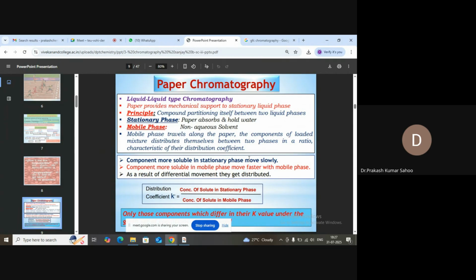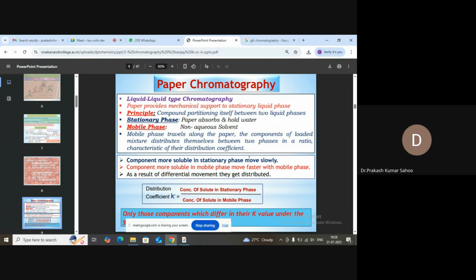The compound is partitioning itself between two liquid phases. Stationary phase: paper absorbs and holds water. Mobile phase: non aqueous. So there are two phases, the stationary phase and the mobile phase, in which the paper acts as the supporting medium and water is absorbed by the paper, which acts as the stationary phase, and the mobile phase is all about your solvent.